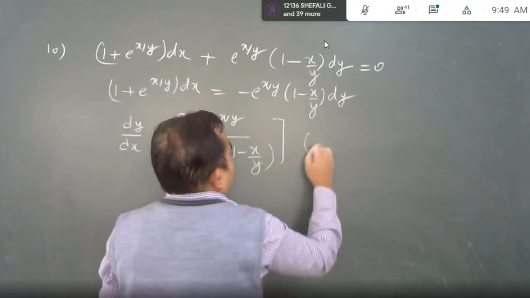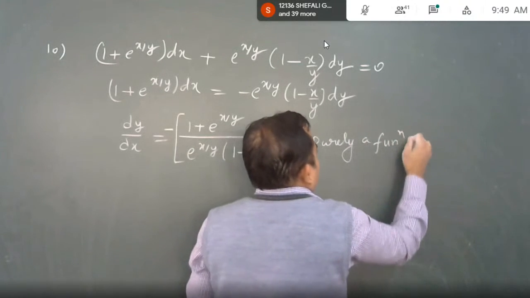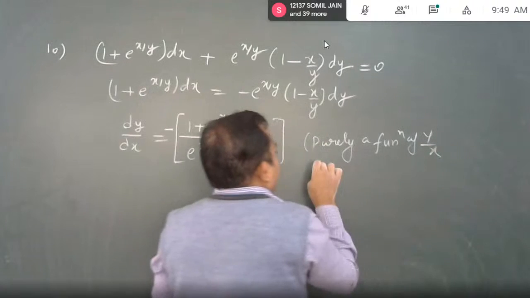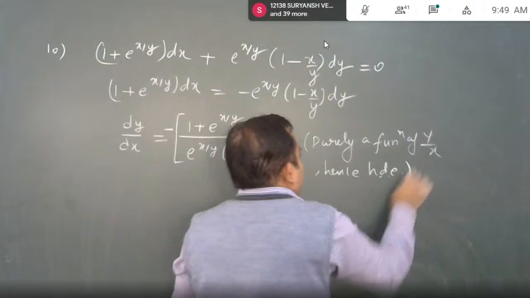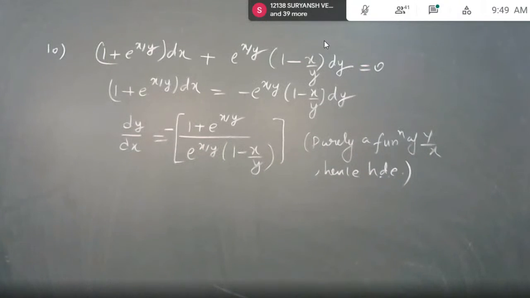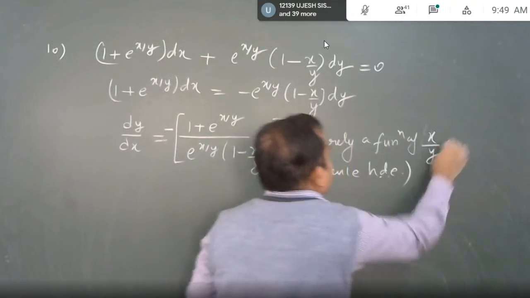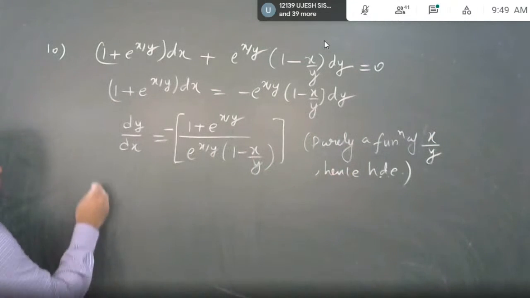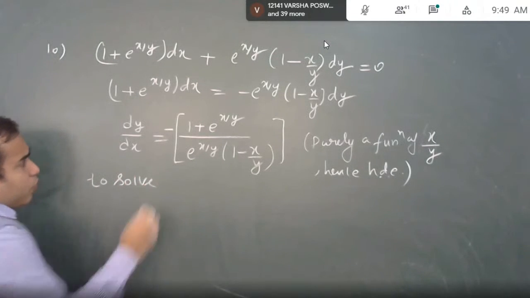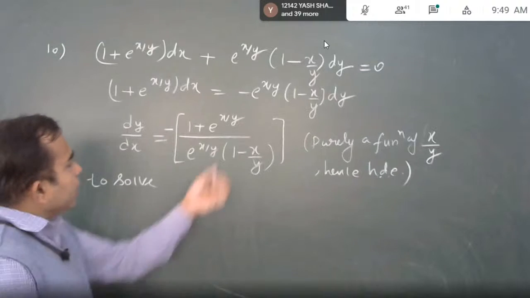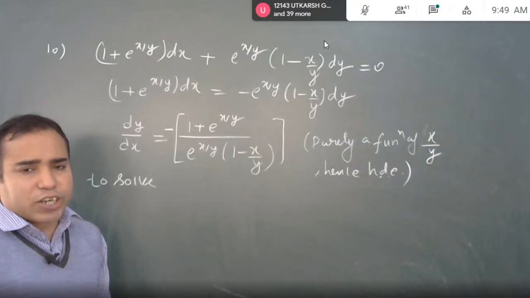Now you can say it is purely a function of x upon y, so hence it is HDE. Now to solve it, students, if you put y equal to vx, then it will become 1 upon v, so a fraction will come.